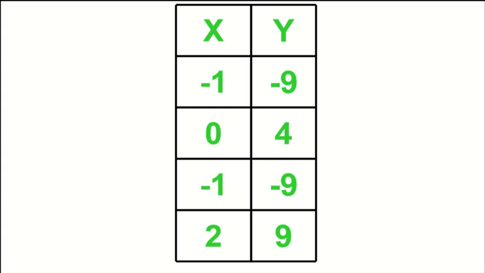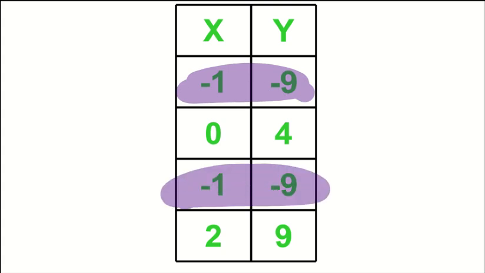All right, so look at this one. Do my x's repeat? Yeah. I've got -1s twice, right? Do the y values repeat? Yeah. So that's like I push the button, I got a -9. I push the button again, I got a -9. Does that work then? Yeah. So that one's good. This one is a function.